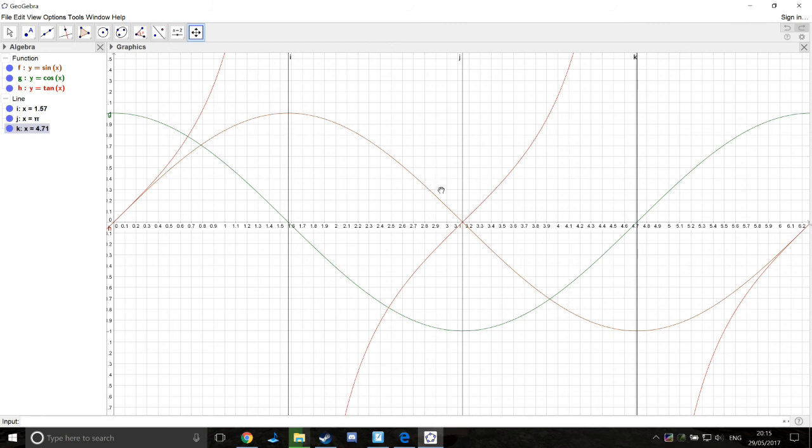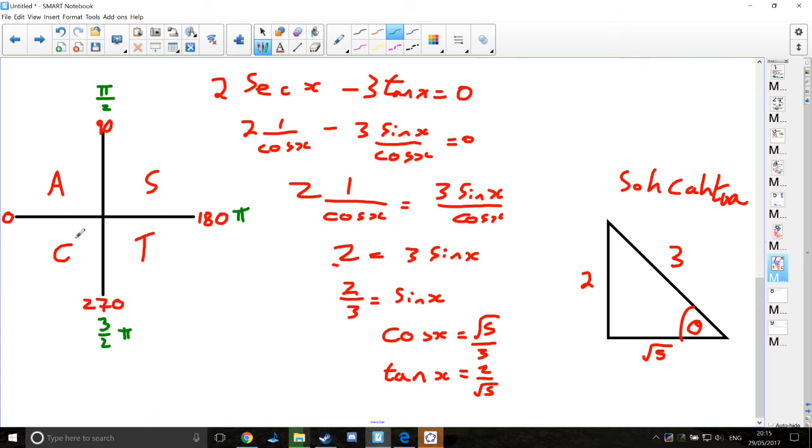Look at it. It's the only brown one, it's the only positive one. Cos is negative, tan is negative, sine is positive. Between pi and 3 over 2 pi, or 180 and 270, only tan is positive. And then between 3 over 2 pi and 2 pi, only cos is positive. That's what's summarized here.